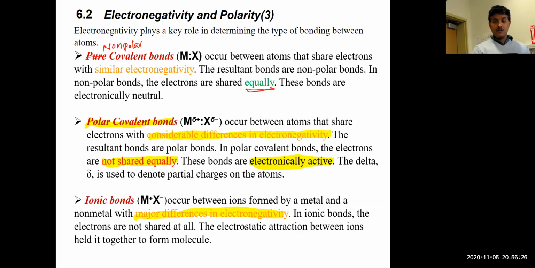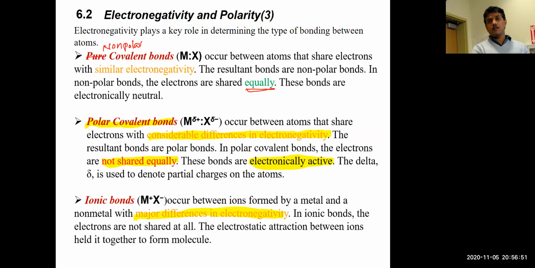So it happens when you have a metal and a non-metal trying to make a bond, because they are on opposite sides of the periodic table. So the difference is really large. Because it is really large, the non-metals will take the electrons away from the metals. It's kind of win-win for both metal and non-metal to achieve the noble gas electronic configuration. So no complaints there from the ionic bond side.